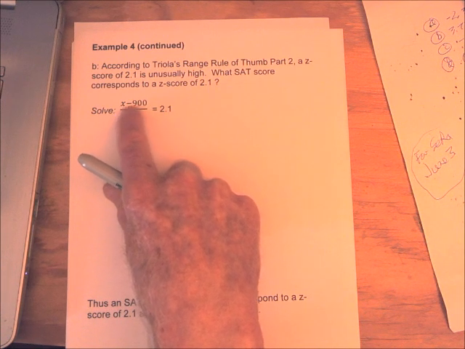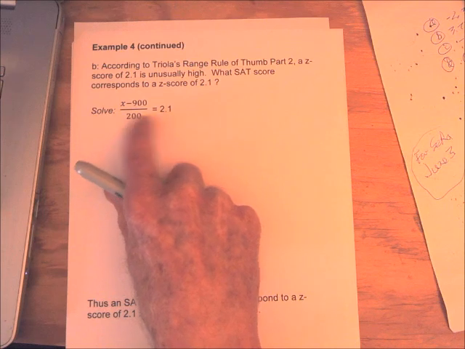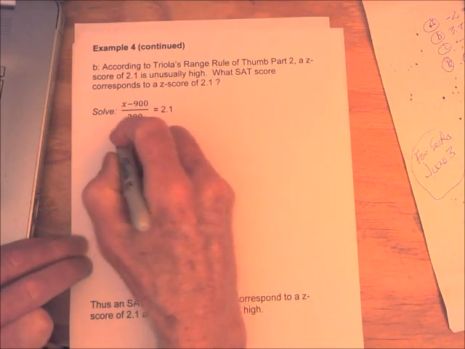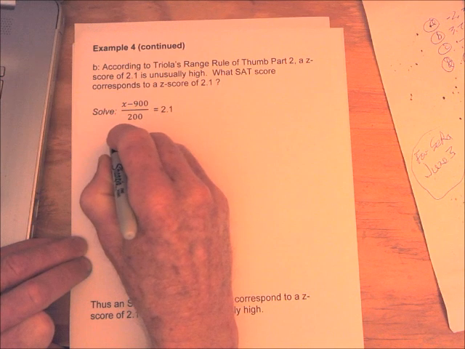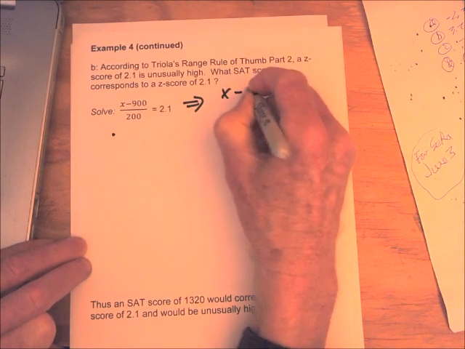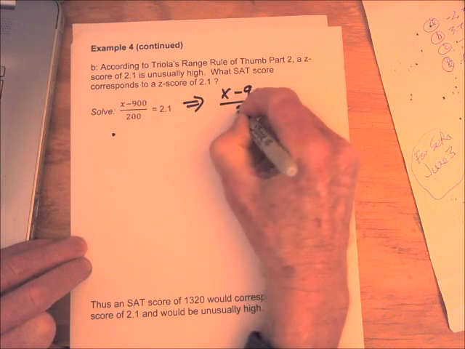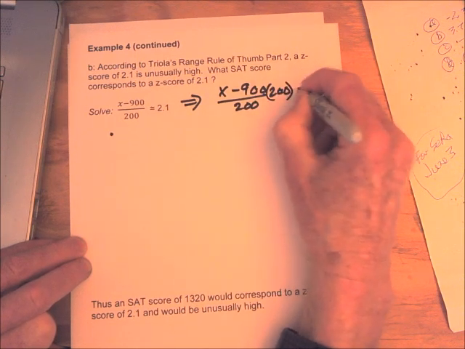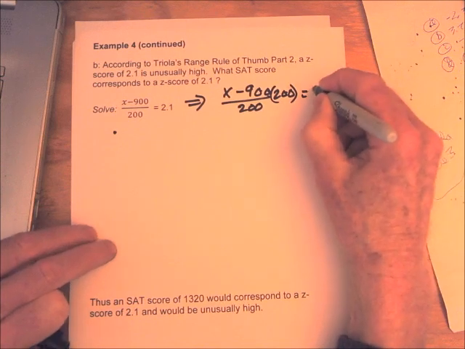The z-score is the score minus the mean divided by the standard deviation. But now we want to solve this for x. So we want to multiply both sides by 200: (x minus 900) over 200 times 200 equals 2.1 times 200.